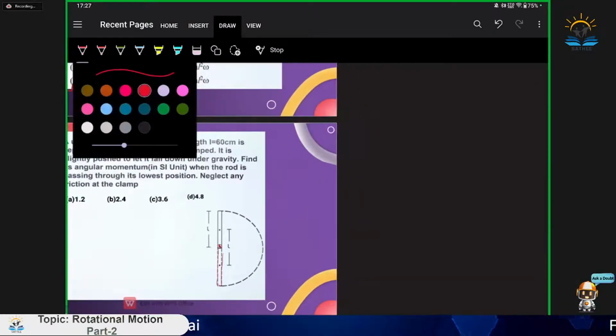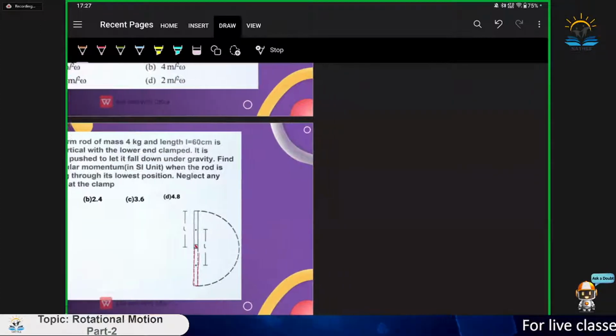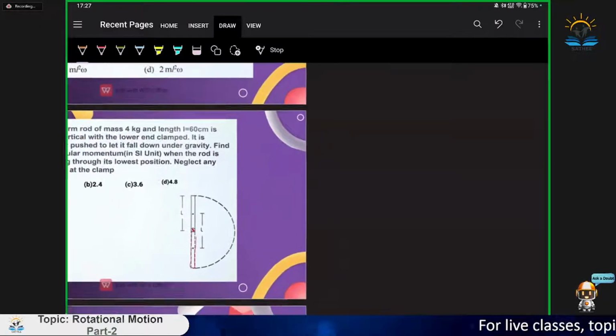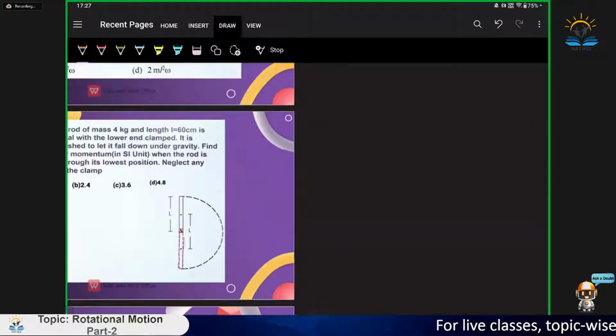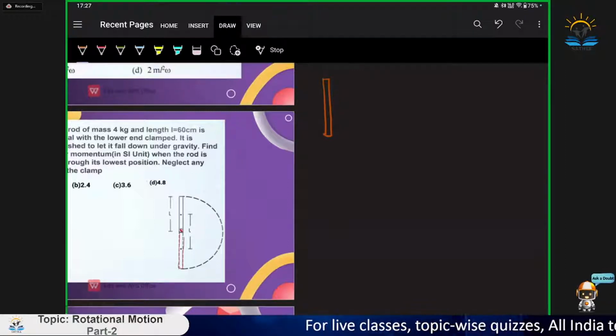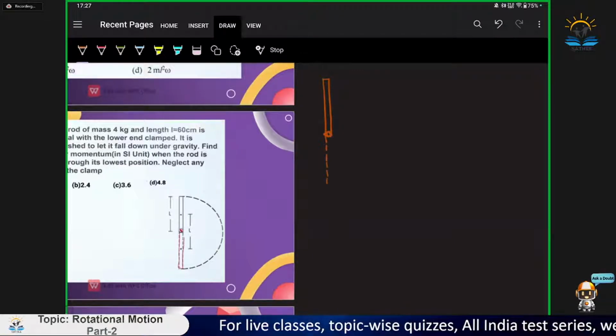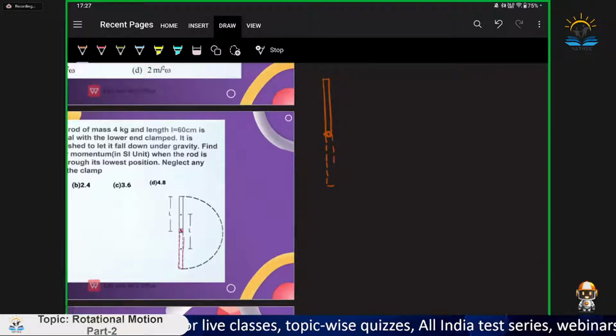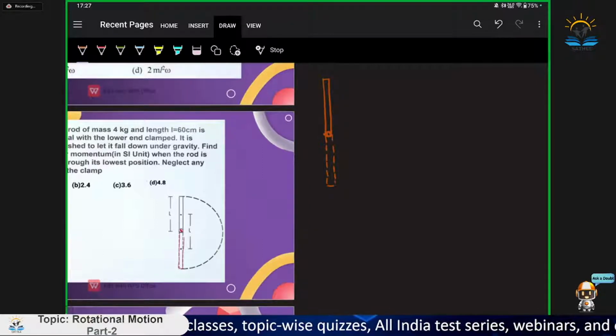Let me draw the situation first. This is the situation. We have a rod here. This is the clamp. This is the final position of the rod.